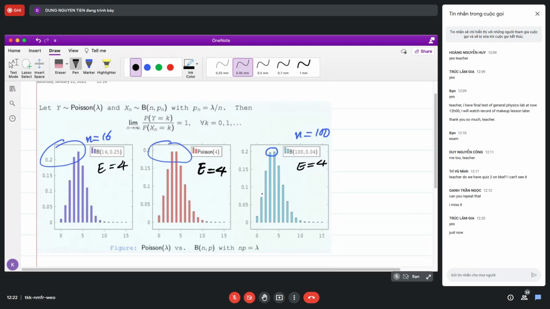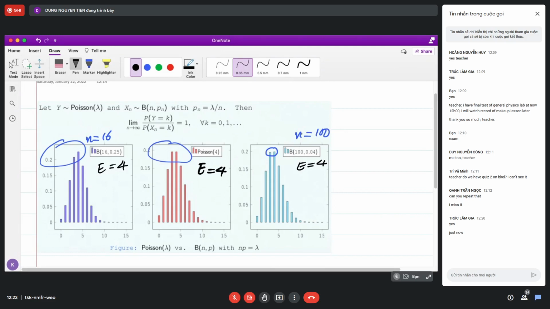The second one is a binomial distribution. But when you have a look at the graphs, you see that they are very similar to each other. If you look at the first column, the second, the third, the fourth, the fifth, you can compare all these columns and you see that they are very similar. It's really hard to recognize the difference between them.